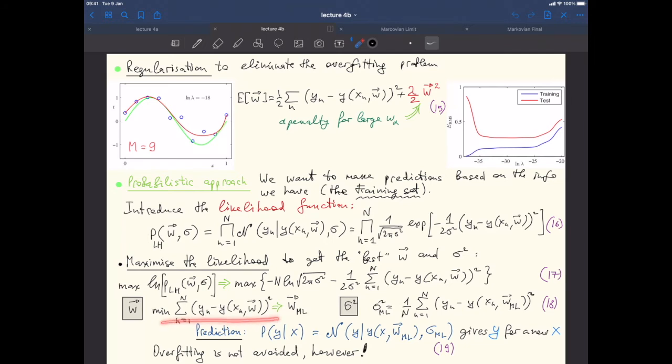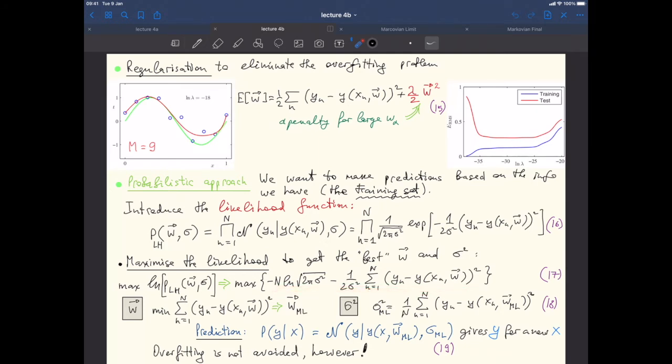So minimizing that sum of the squares would give us the same expression for the w's as we had before, or omegas. I always mix this up, but you know what I mean. I mean these parameters. We also need to maximize that expression with respect to the sigma, and you can easily take a derivative of the expression with respect to the sigma.